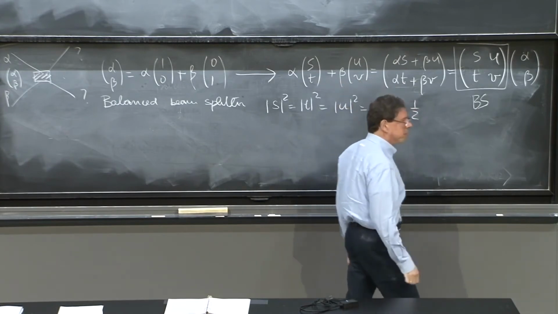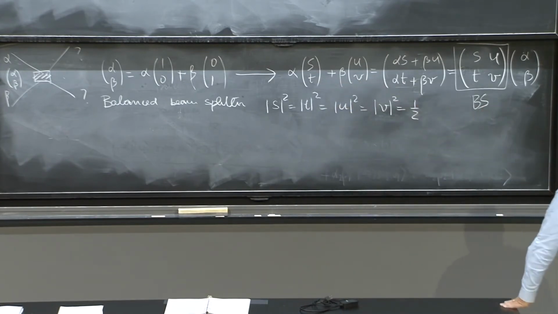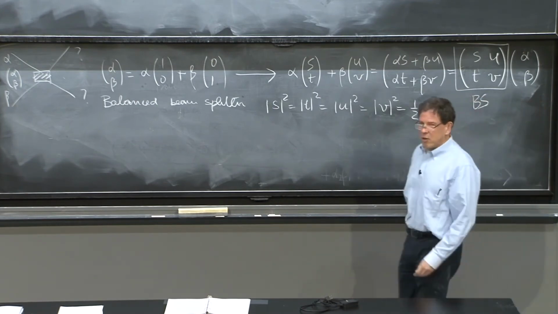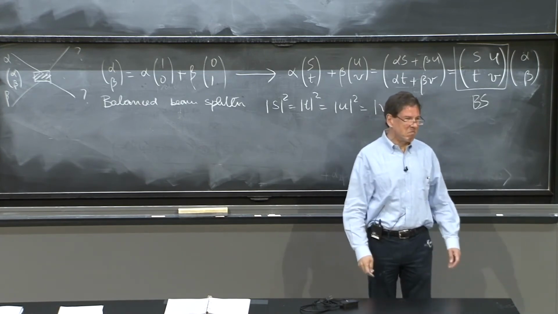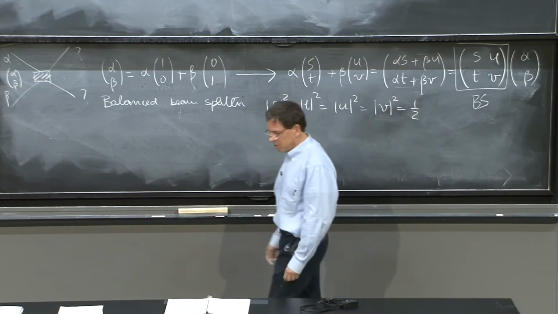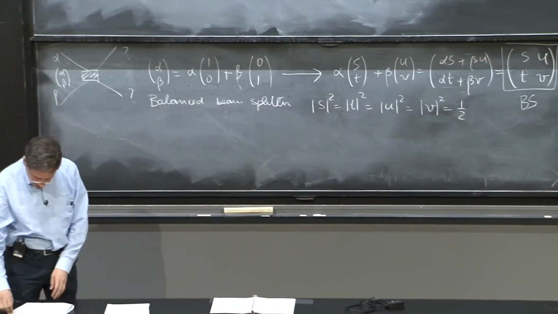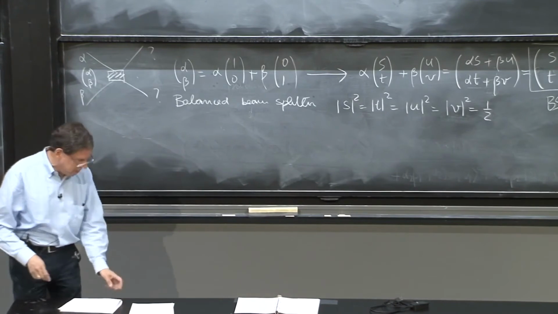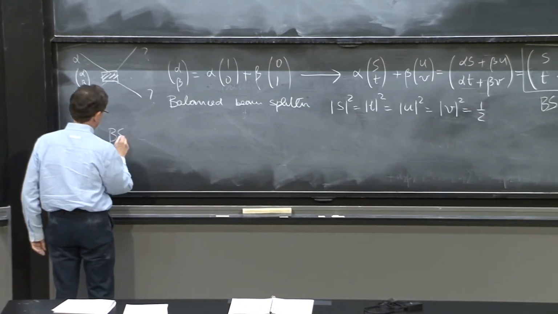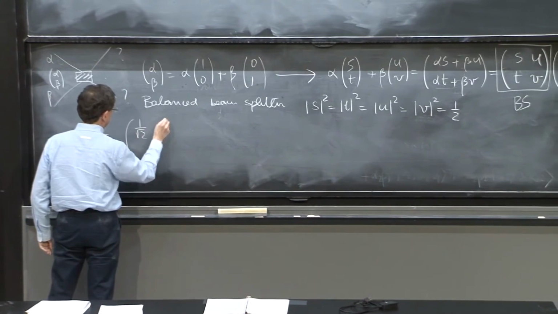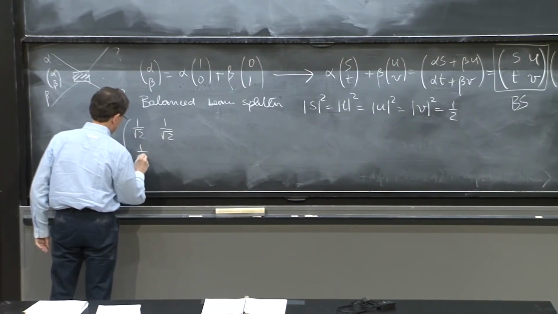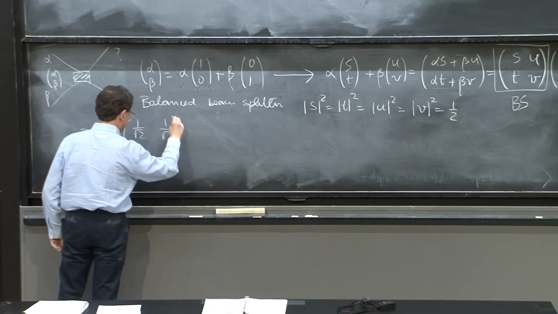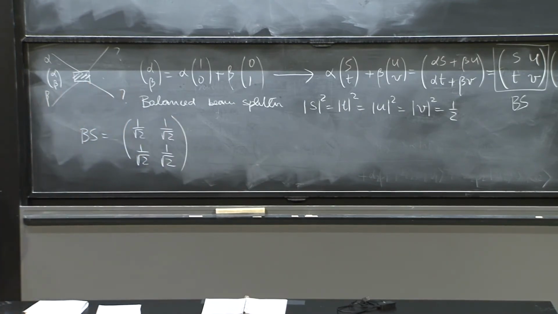But that's still far from enough to determine S, T, U, and V. So rather than determining them at this moment, might as well do a guess. Could it be that the beam splitter matrix is 1 over square root of 2, 1 over square root of 2, 1 over square root of 2, and 1 over square root of 2? That certainly satisfies all of the properties we've written before.